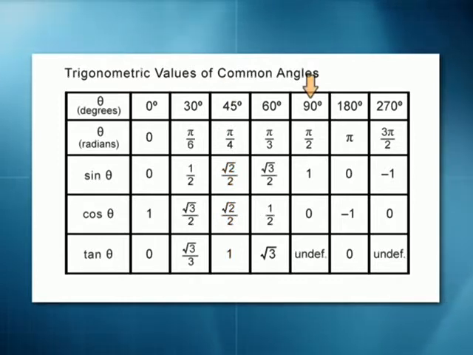Or look at 90 degrees, or pi over 2 radians. The sine is 1, the cosine is 0, and remember, tangent's undefined there, because tangent is sine divided by cosine, and you can't divide by 0 in mathematics. So that's a worthy table to look over in your free time every so often.